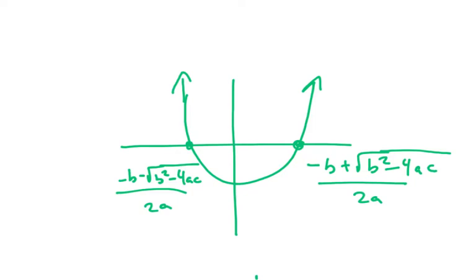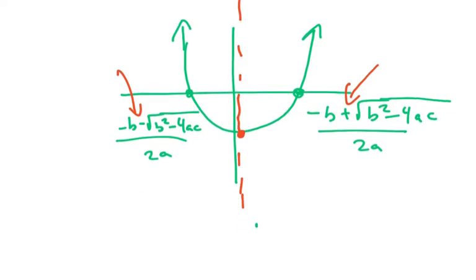We know this one is going to be negative and this one is going to be positive, because obviously if you subtract, it's going to be a smaller value than if you add. The vertex, because of the axis of symmetry, is in the middle.